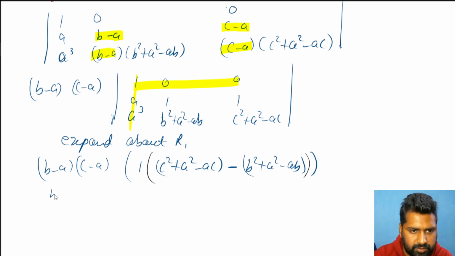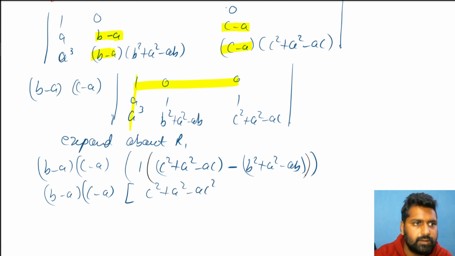All right, so b minus a, c minus a, c square plus a square plus ac minus b square minus a square minus ab.